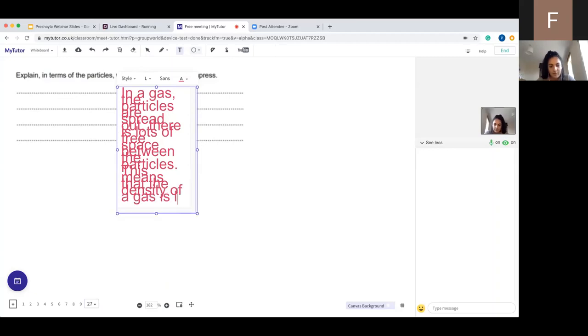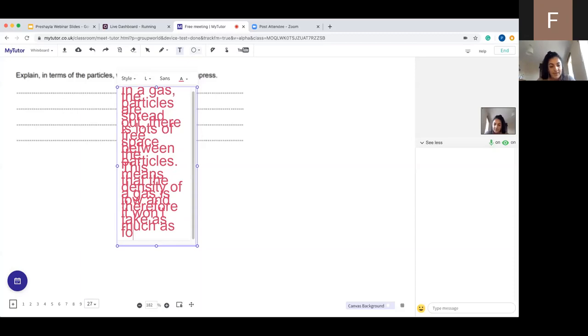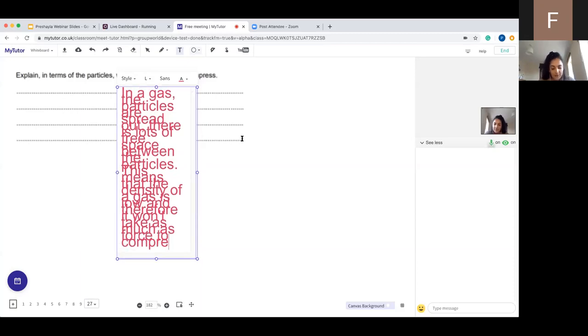And therefore, it won't take as much force to compress because there is this empty space between the particles. Most of the volume is empty space, and empty space is obviously easy to compress. So gases will compress much more easily because of this space between molecules.